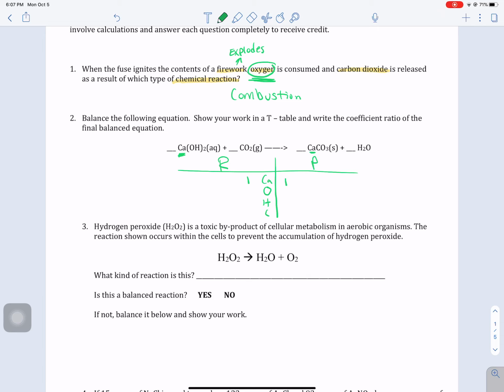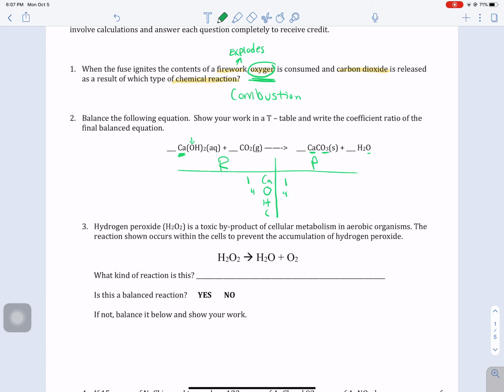Oxygen: we have an oxygen right here, and there's a 2, so there's 2 oxygens, but there's also 2 here, so this is 4. On the other side, there's an oxygen here and an oxygen here, so this is 3 and this is 1. That's going to be 4.